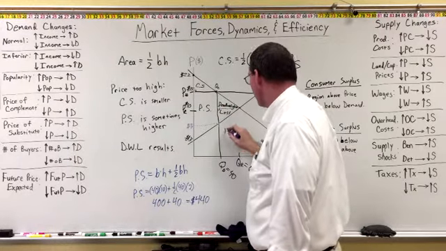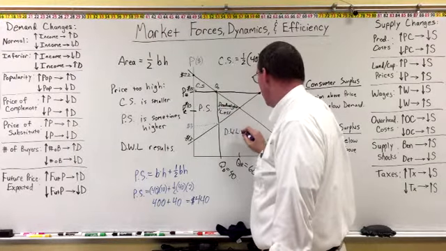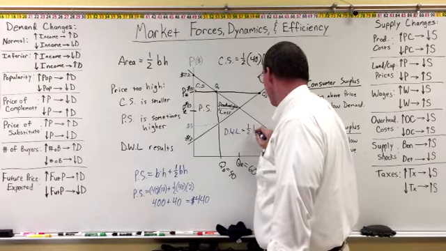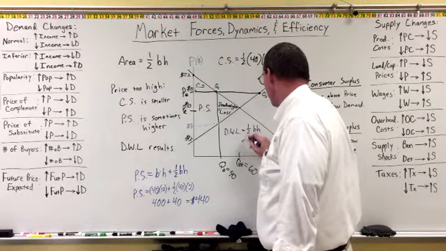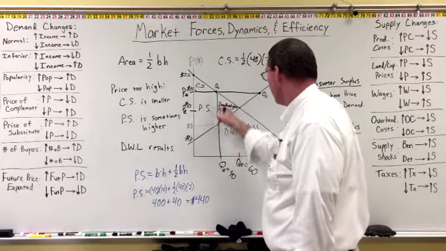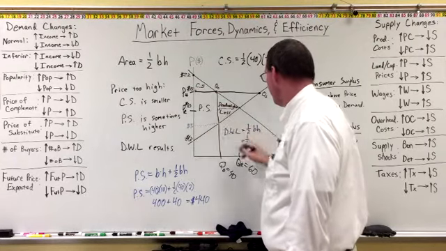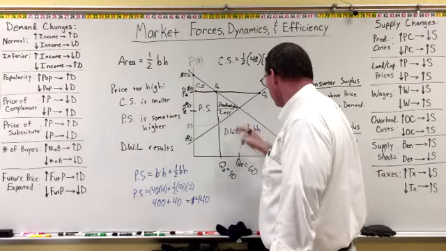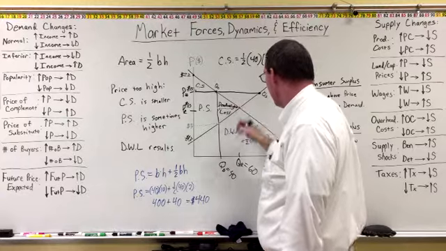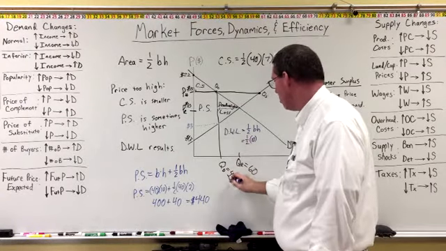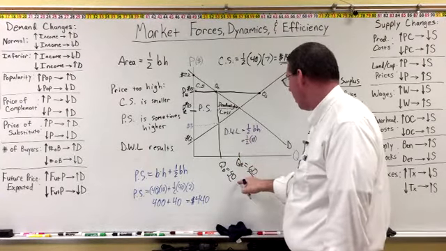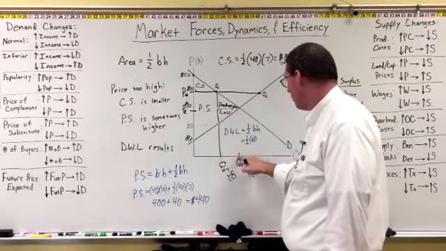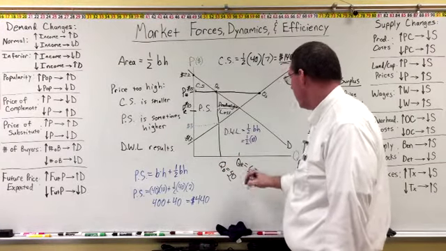So dead weight loss is a triangle. That means it's going to be 1/2 base times height. The base here goes from 15 down to 5. That's 10. The height goes from here to here. Well, that's the difference between the actual quantity produced and the equilibrium quantity. So we're going from 40 up to 60, and 60 minus 40 is 20.